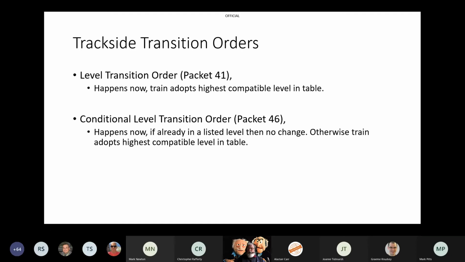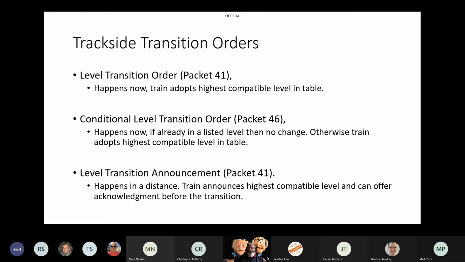If it is in the priority table, it will remain in that level. It won't go to the highest priority. However, if it is in a level which isn't listed, then it will apply the conditional level transition order as if it was a level transition order. And in a moment or two, I'll show you how that is implemented in the onboard. And then packet 41 can be configured to have an offset distance, so that becomes the level transition announcement. The same packet says that in a certain distance, this level transition will occur.